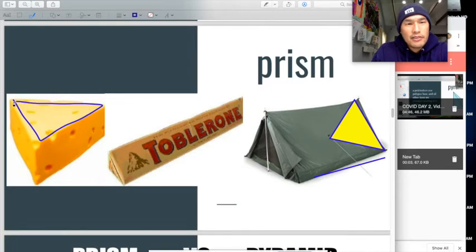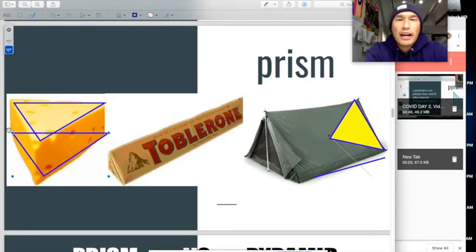There's one triangle on the top that makes up a base. And on the bottom, there's another triangle. You can't see through the block of cheese, but believe me, there are two triangles there that make up the base of this cheese block. And those two triangles are exactly the same.